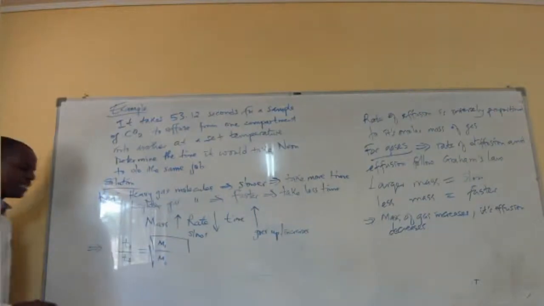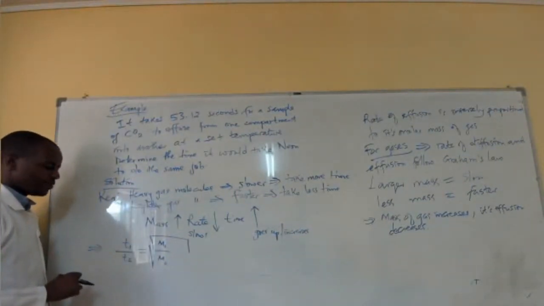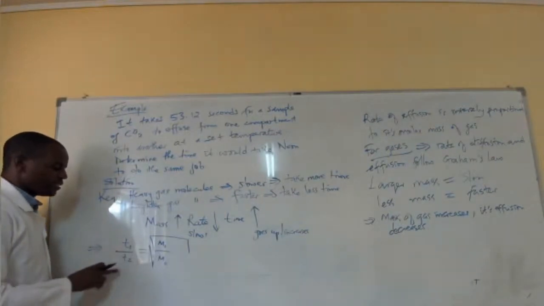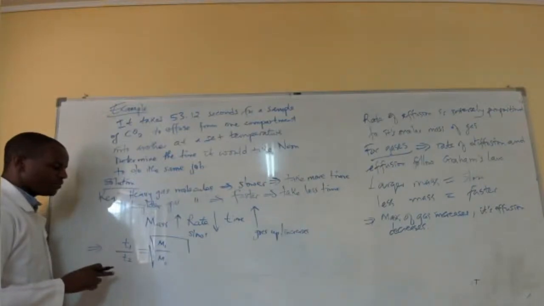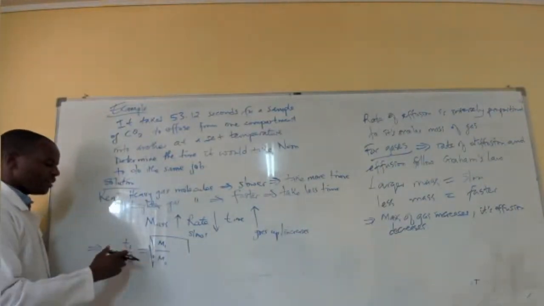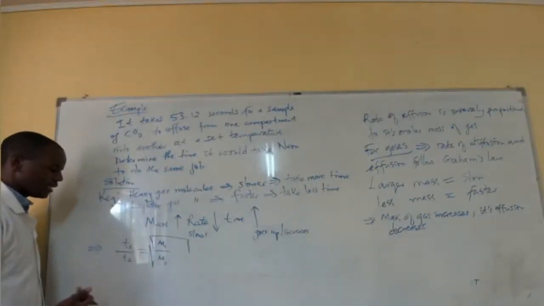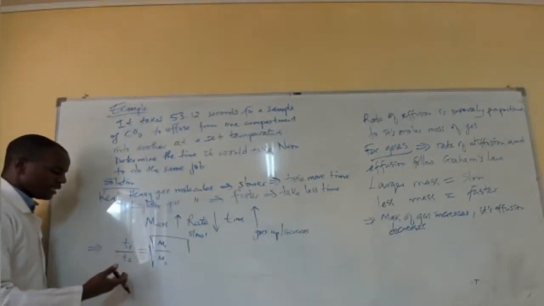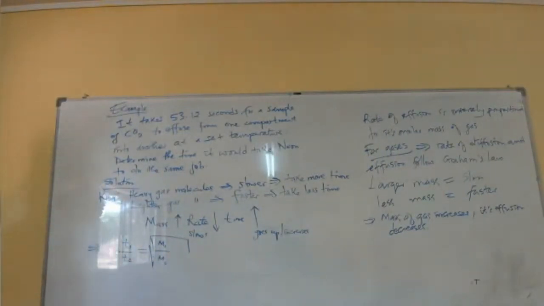The reason is that these are directly proportionally related. When the mass of the gas molecule increases, it means that they become slower, therefore they will take time to move to the next compartment. If the mass is much lower, then the gas will take less time to move to the other compartment.